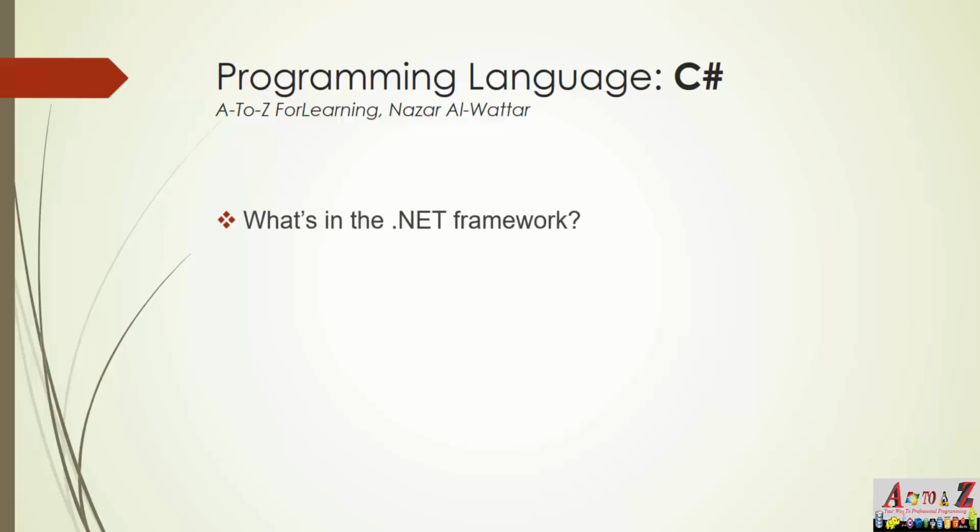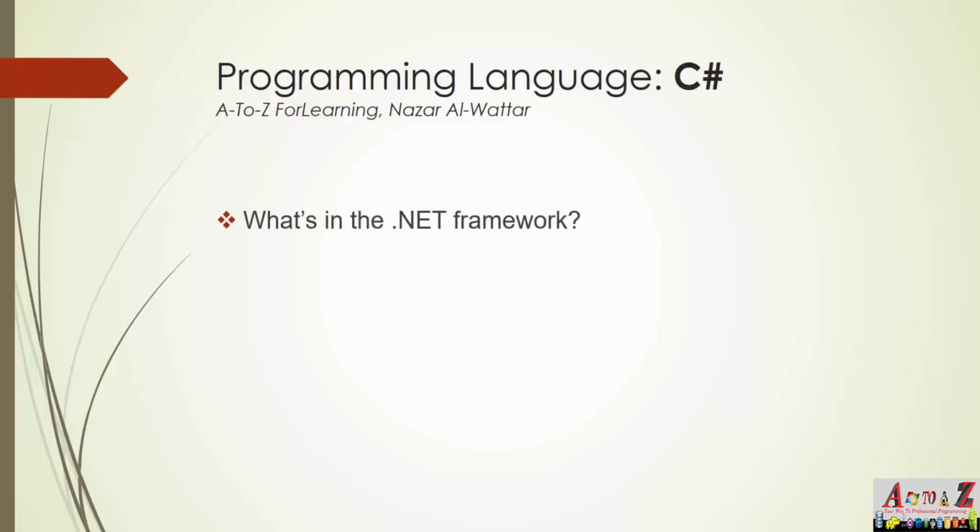Okay, now let me summarize what we have learned in this lesson. The .NET Framework is one library, and this library has a huge amount of code, and this code has been built on OOP concepts, which are the object-oriented programming concepts. This library has been built to support what are called client programming languages, like C# and Visual Basic.